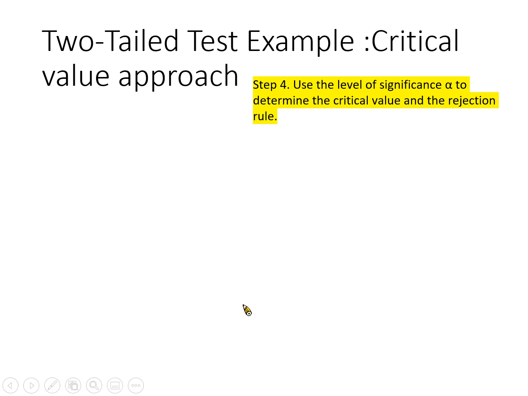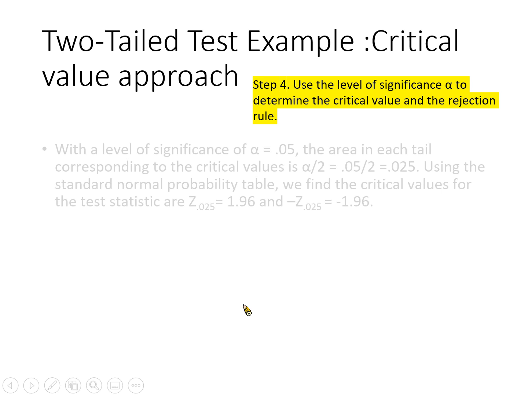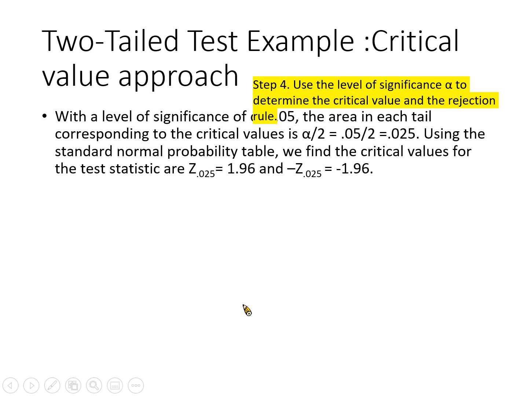Next is using the critical value approach. Here, step 1 to step 3 are the same. But in step 4, because it's a two-tailed test, the alpha should be divided by 2 first. So 0.05 divided by 2 is 0.025.